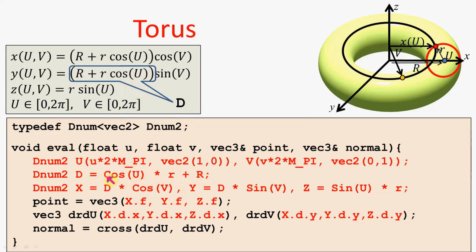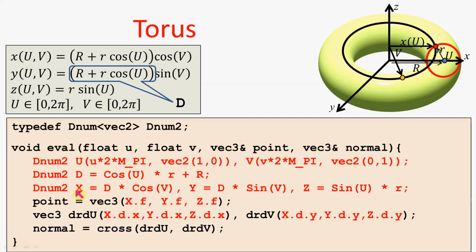We have to use the cosine function with uppercase initial because we want that version that expects dual numbers and also outputs dual numbers. When d is available, we can evaluate the Cartesian coordinates by the direct implementation of the developed formulae. So for example, x is just d times cosine V, y is d times sine V, and z is sine U multiplied by lowercase r.